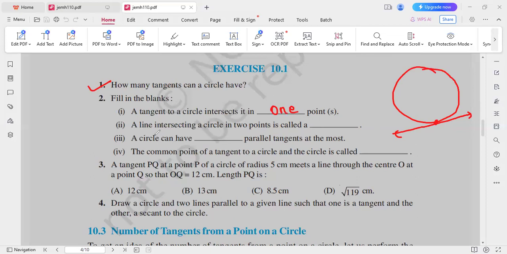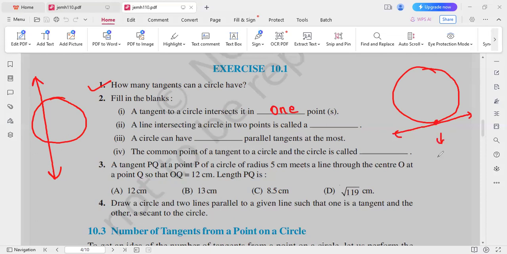Okay. Next, a line intersecting a circle in 2 points is called what? You have a circle and it is saying a line intersecting the circle at 2 points. What will this line be called? Yes, Manya.